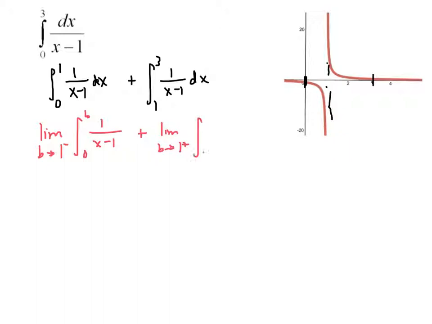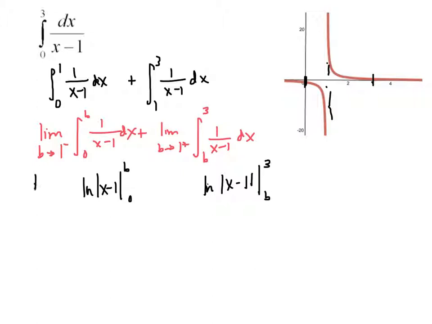We go from b to 3. So the antiderivative would be the natural log of the absolute value of x minus 1. Evaluate at b and 0. Of course, this would be the same thing. The nice thing about it is they are the same antiderivatives.